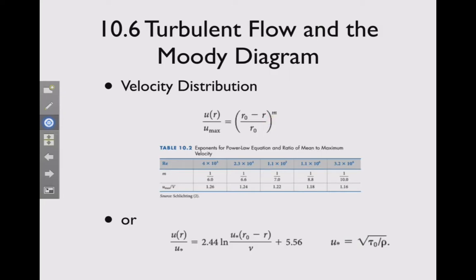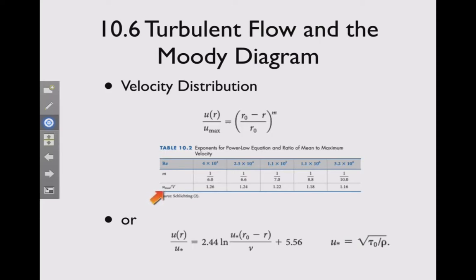This table down here from the book shows that these exponents for the power law have all been derived for different regimes within the flow at different Reynolds numbers. You can see that this exponent is 1 over 6 for this particular Reynolds number, and then 1 over 6.6 and so forth, decreasing as we go up.